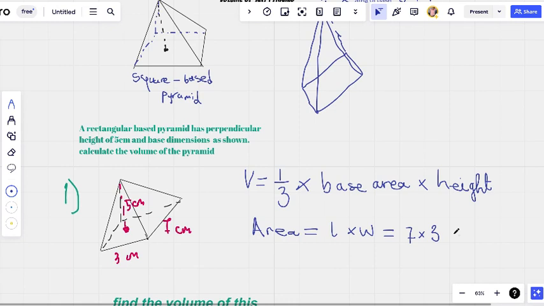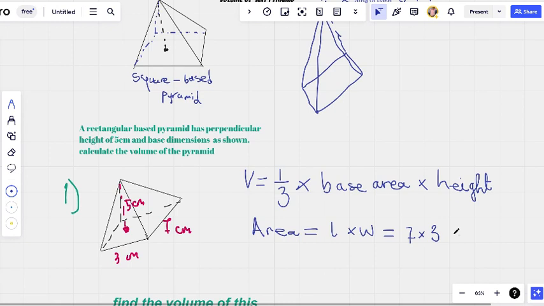So you calculate the area of the triangle, which is half times the base, which is 4, times the height, which is 16.